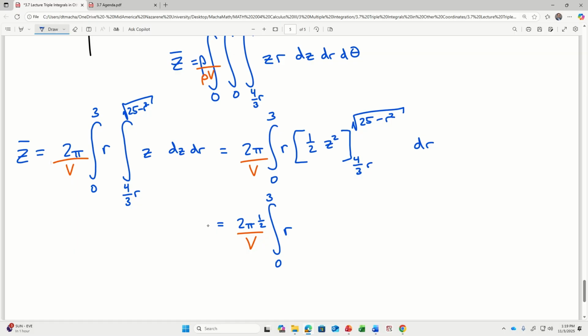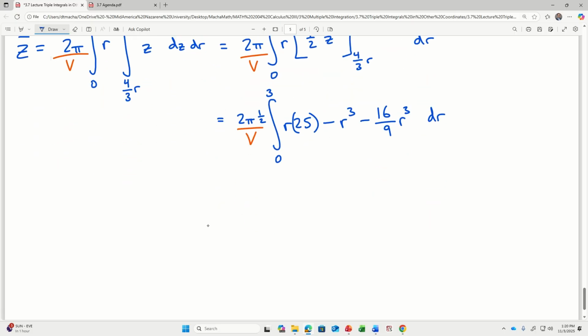And I'm going to get r times 25 minus r cubed minus 4/3 r, which is about to be squared, so it's going to be 16/9 r squared times r. So 16/9 r cubed. The 2 and the 1/2 are going to cancel, and I get pi over the volume.